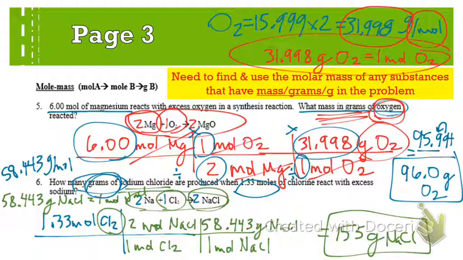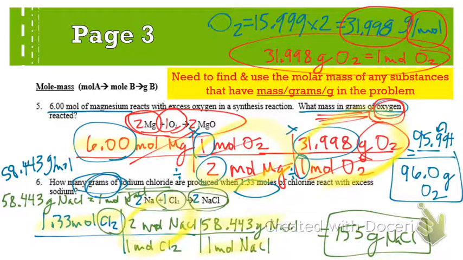If you look at these two problems side by side, you can see I start with moles in each of them. The next thing I do is my mole ratio, and then I have this molar mass with 1 mole on the bottom and the molar mass on top. So these two setups for this stoichiometry are pretty much the same, except for the elements involved and the numbers that go in those equations.